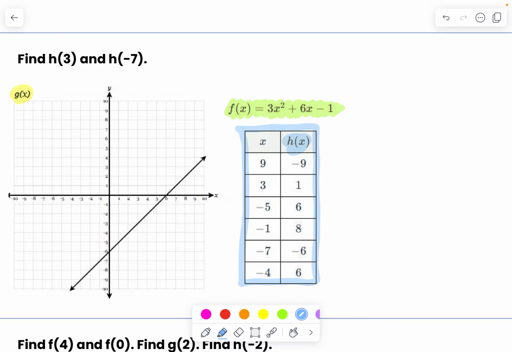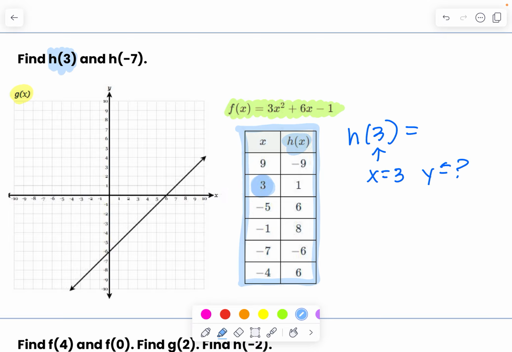So sometimes they try and trick us and see what we're looking for. Notice that the directions say find h of 3. So if I'm going to find h of 3, that means when x is equal to 3, what is y equal to? The cool thing about this is you just go to the table and you literally look in the x column, which is all of these values, and you find x is 3, which is right here.